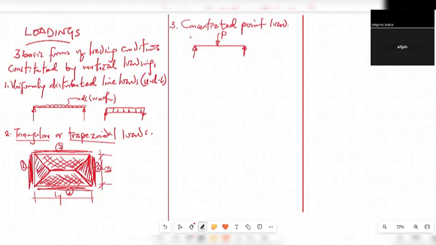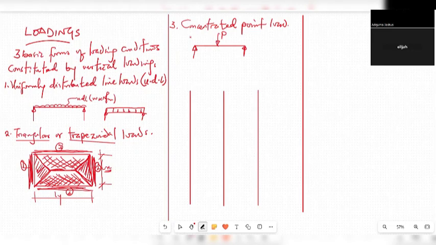Let's assume that we have a one-story building. This is a column, for example, another column, and then another column. These are the three columns. Then we have a beam at the roof.